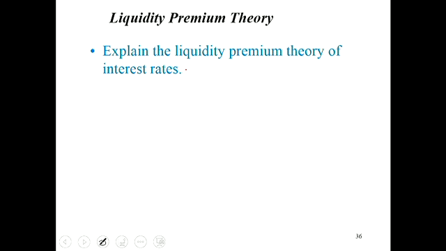So the longer the bond length, your yield will be different. Okay, so there's two issues in there about the longer the time to maturity. One is you have more interest rate risk, and the second thing is that, everything else being the same, the longer the time to maturity, the less and less liquid they become, and that's simply a fact of life.